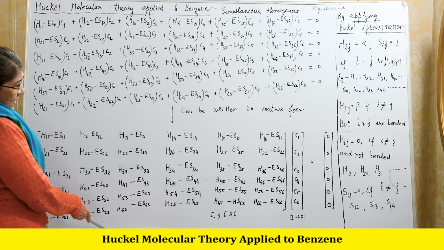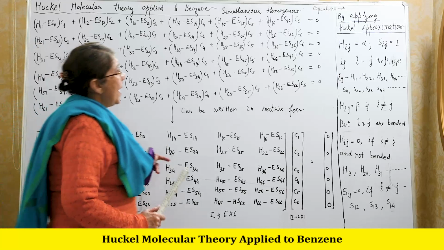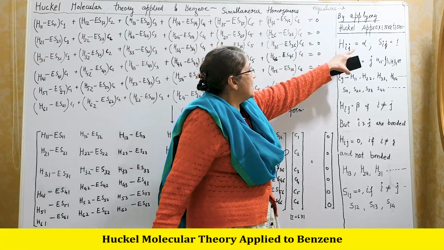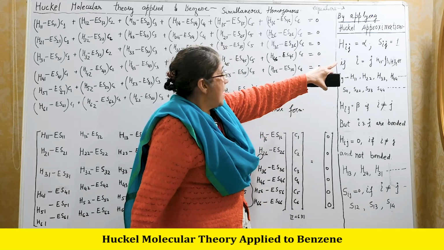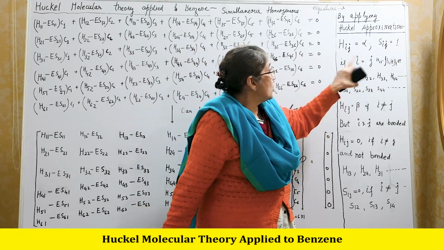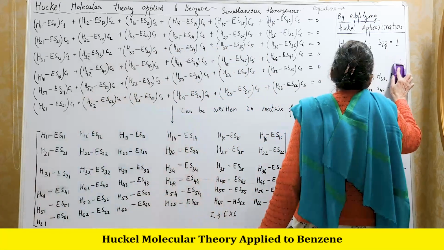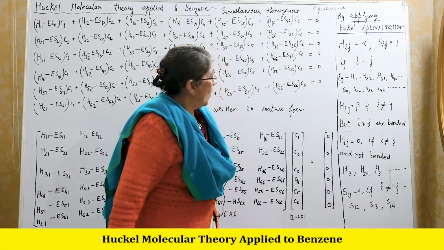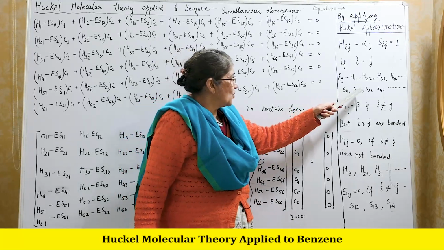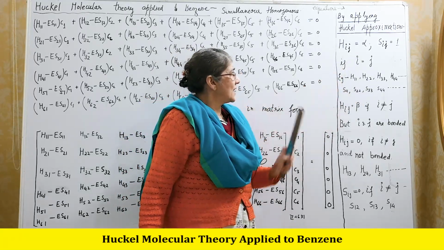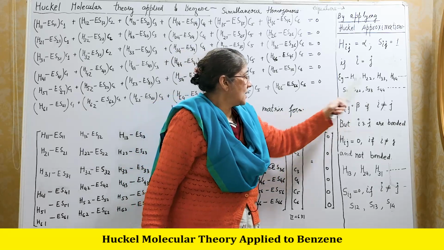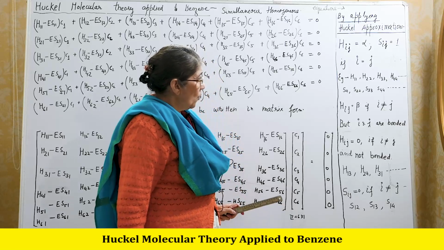By solving the matrix algebra and applying the Huckel approximation, Hij is alpha and Sij is equal to 1 if i is equal to j. Suppose H11, H22, H33 will be represented as alpha, and S11, S22, S33, S44 is equal to 1.